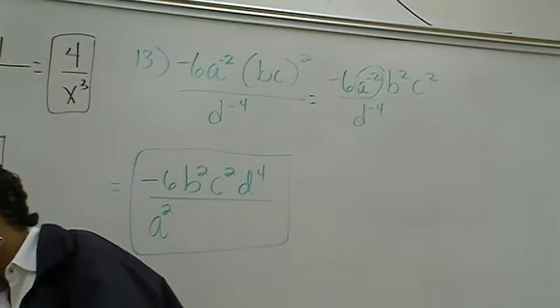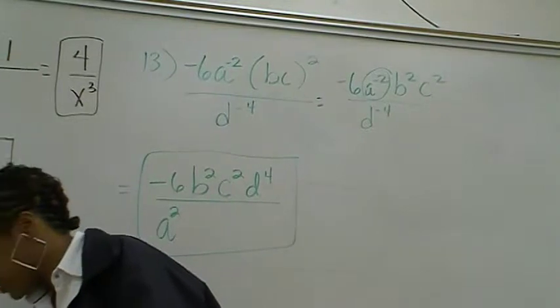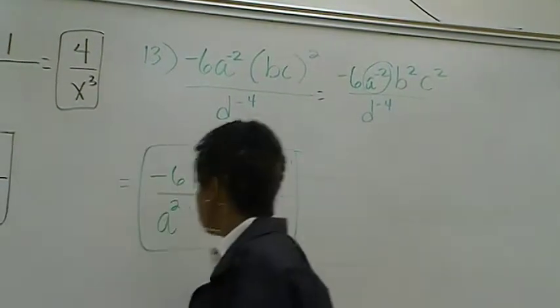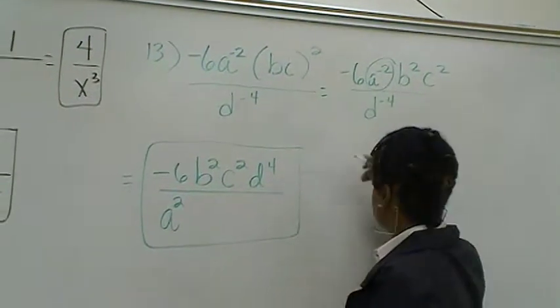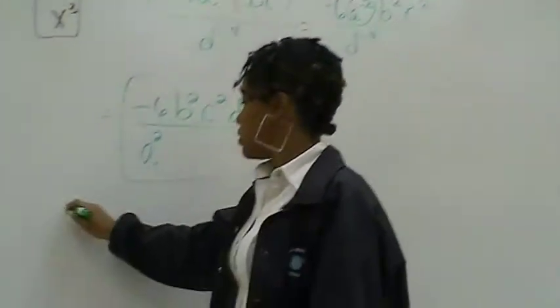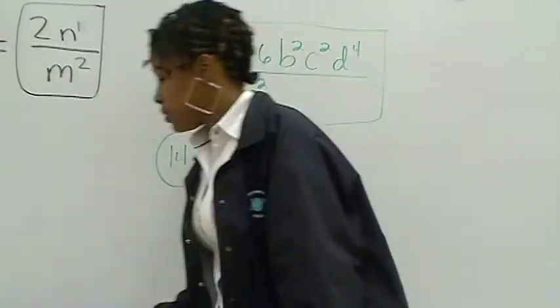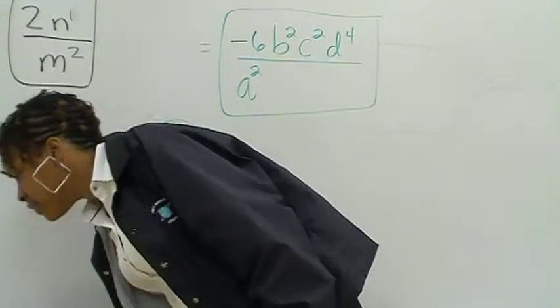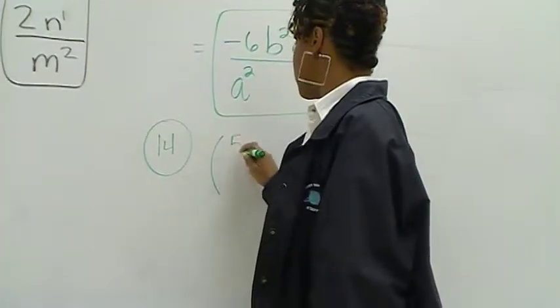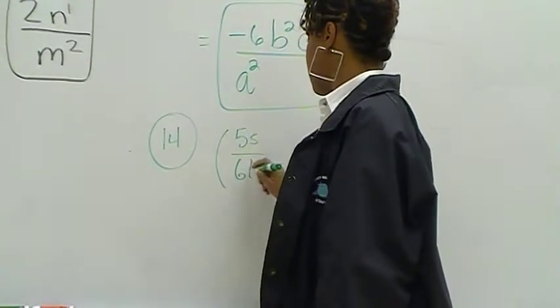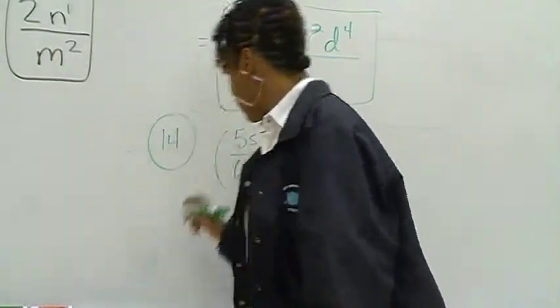All right, let's do number 14. Do it right here. You got 5s over 6t in parentheses, all to the -2.